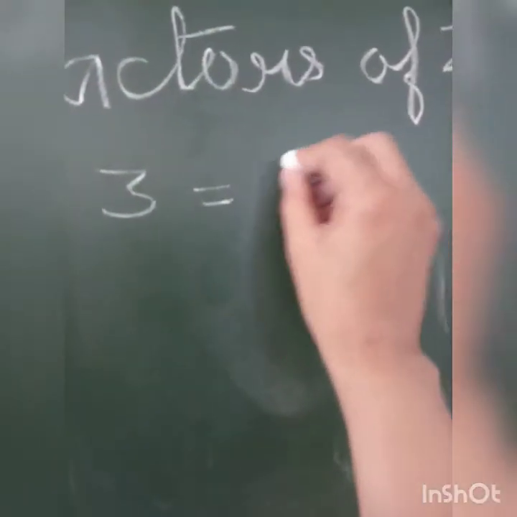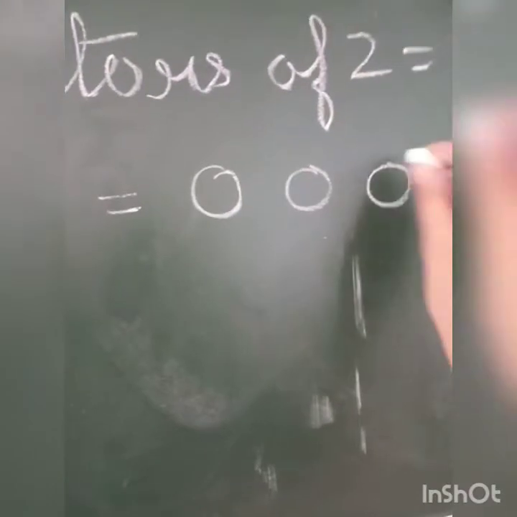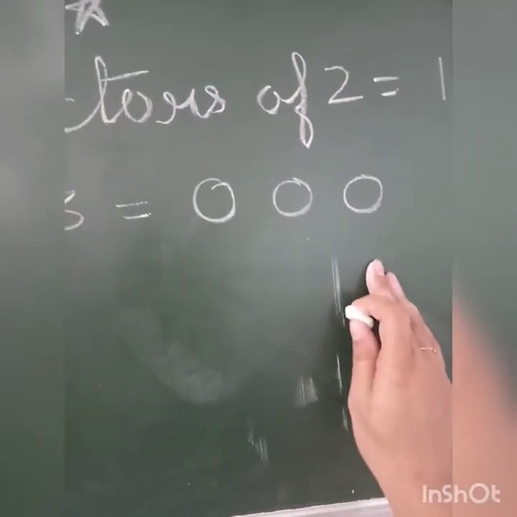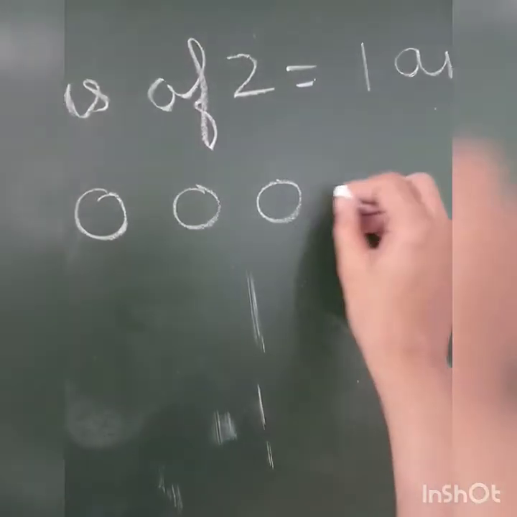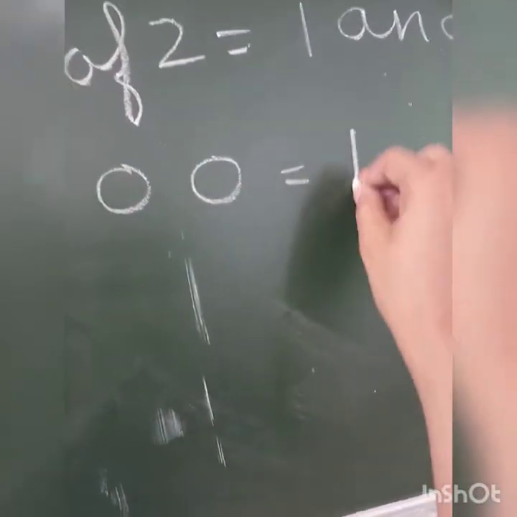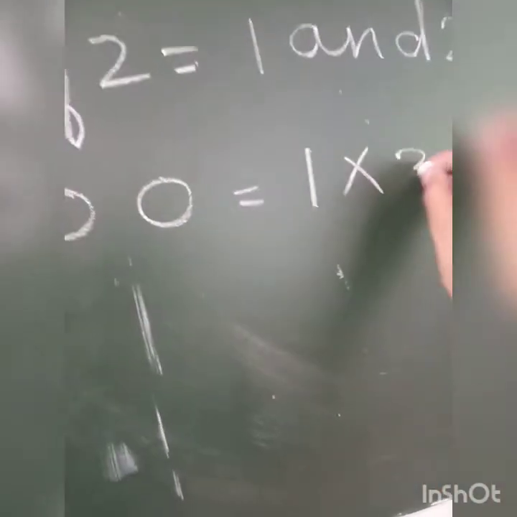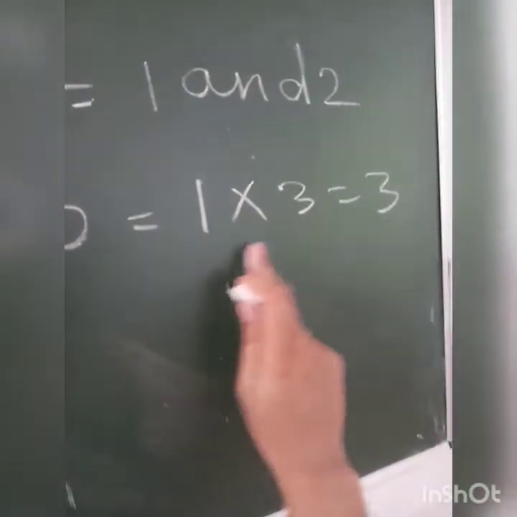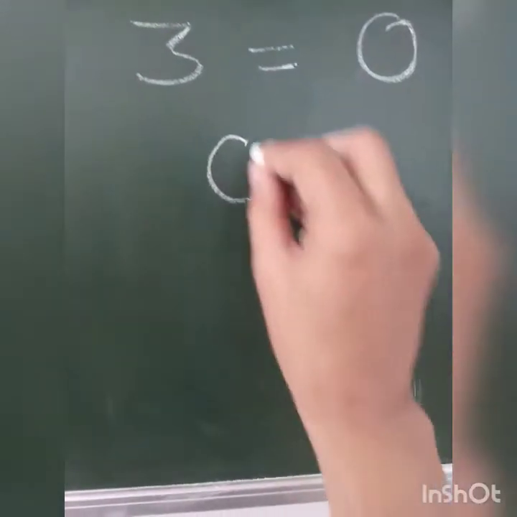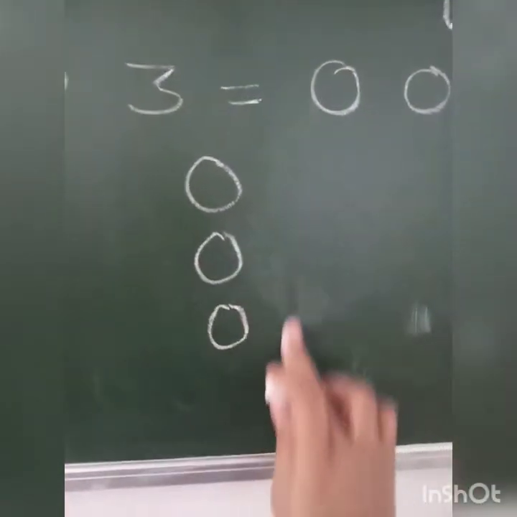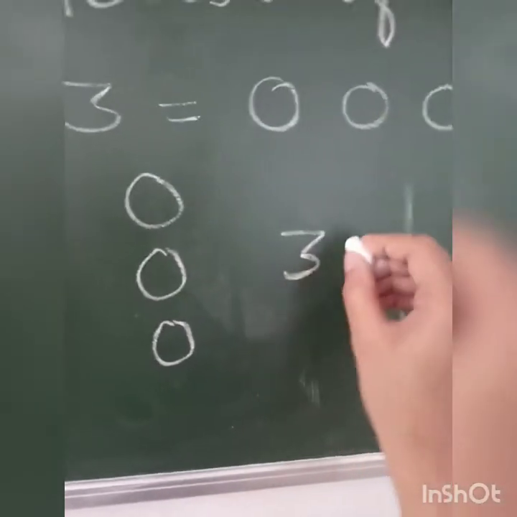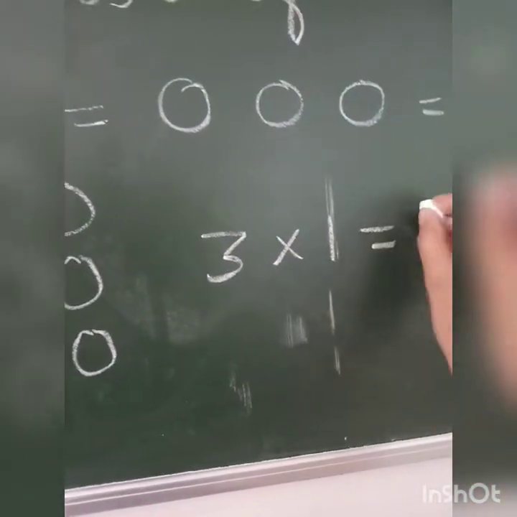If I have 3 circles, 1, 2, 3, now again I have to arrange these 3 circles in different ways. The first way is in one row, 3 circles are there, so we can write 1 multiply 3 is equal to 3. Another way is in a column, 3 circles are there, so we can write this 3 circles in one column is equal to 3.